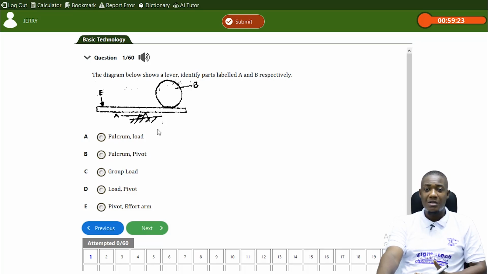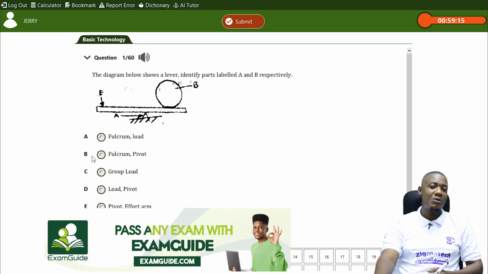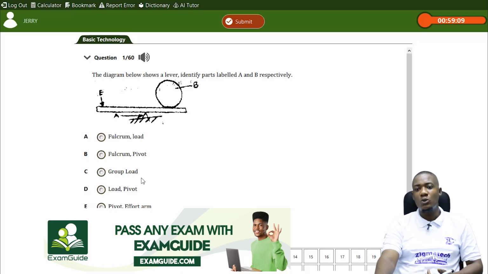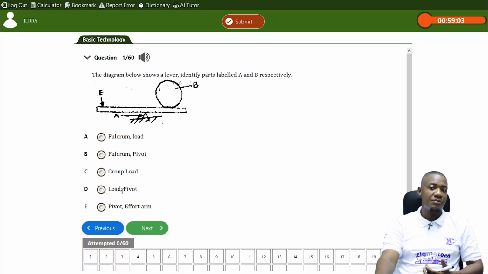Is that what it means? Does the point labeled A represent the fulcrum and B the load? Option B, the fulcrum and pivot. Option C, ground and load. Option D, load and pivot. Option E, pivot and effort arm.